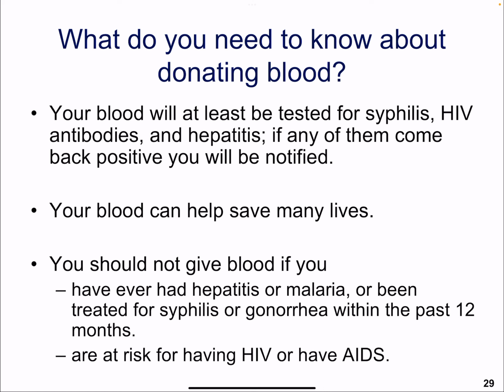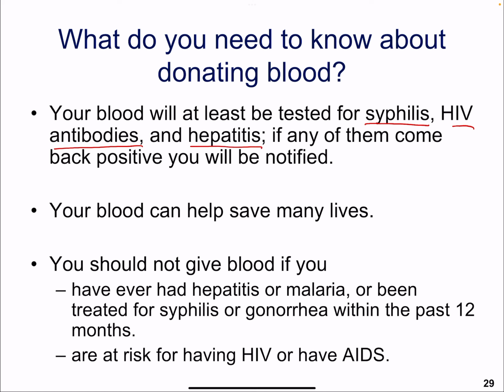Now, other things you need to know is that your blood is going to be tested for a number of things, including syphilis, which is a sexually transmitted disease, and the presence of HIV antibodies to see if you were at one time infected with HIV, right? And also hepatitis.